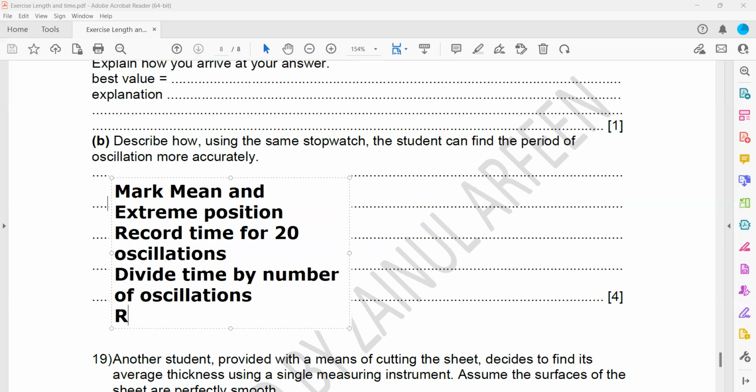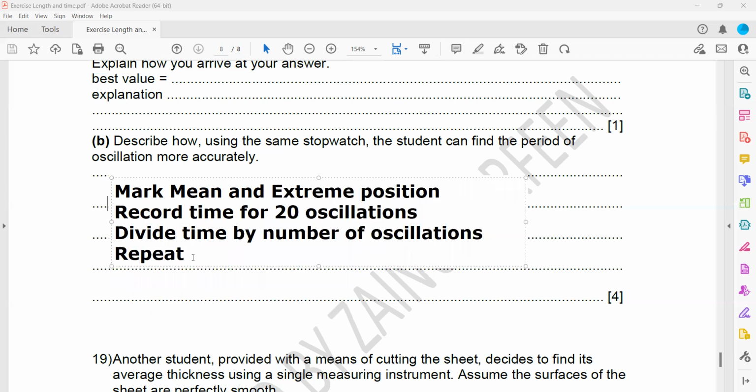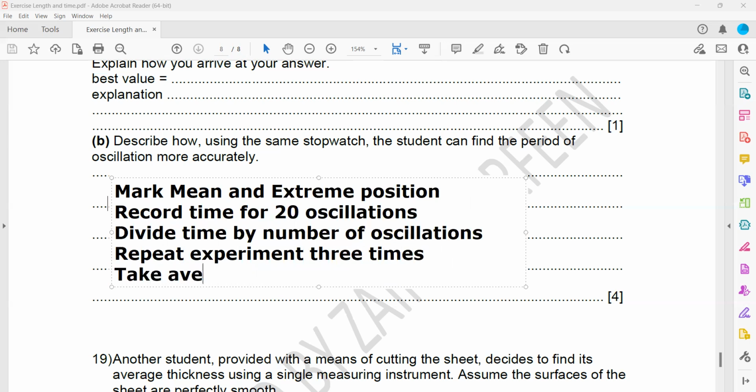And we will always repeat the experiment. Not only should you mention repeat the experiment, you should mention how many times; repeating the experiment 3 times is the minimum. So we mention repeat the experiment 3 times and take an average. That's how it should be done.